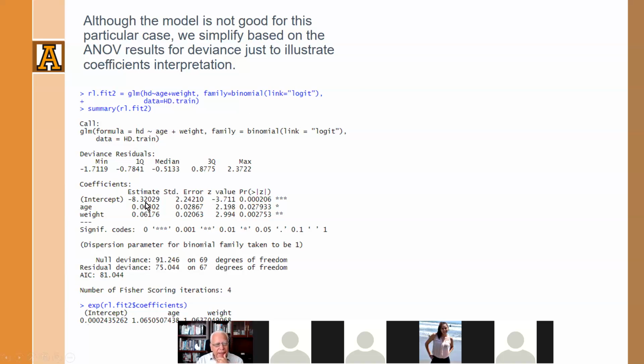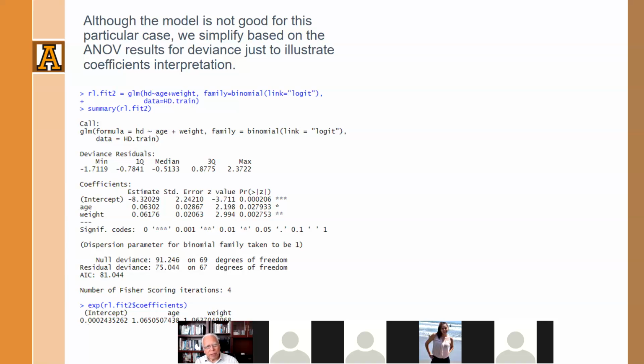I'm going to fit here only age and weight. Now, we normally interpret the exponential of the coefficients, because the exponential of the coefficients tells me, in the case of a continuous variable, the value by which we multiply the odds for every unit increment in x.